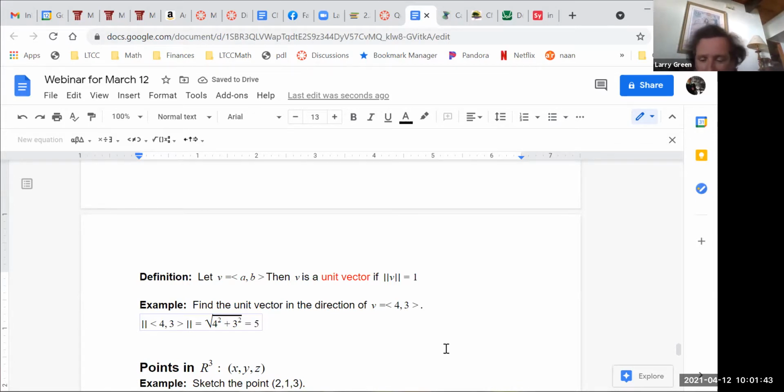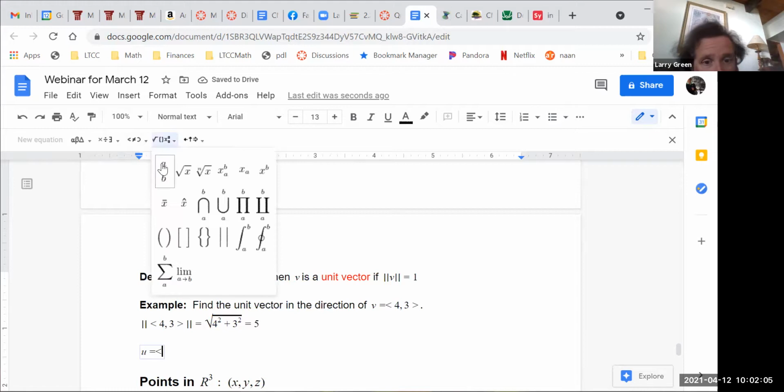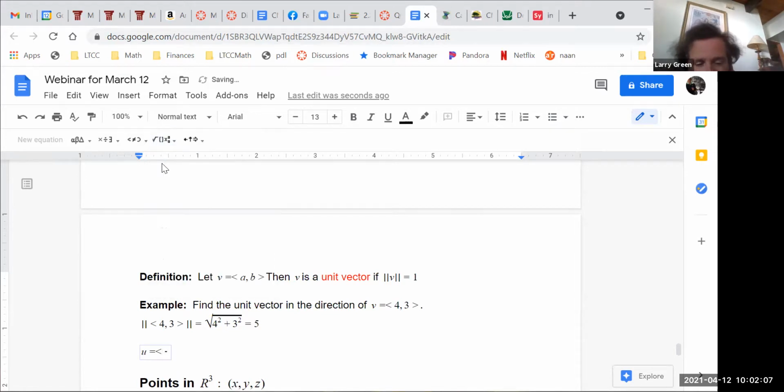So here's what we do. We can say the unit vector, I'm going to call that U for unit. The unit vector is going to be equal to V divided by the magnitude. So we're going to look at 4 divided by 5, comma, 3 divided by 5.